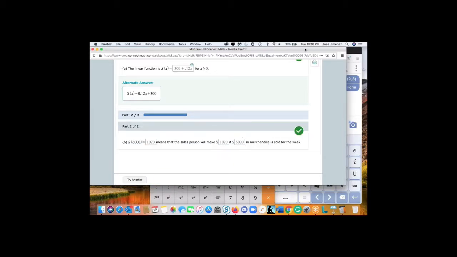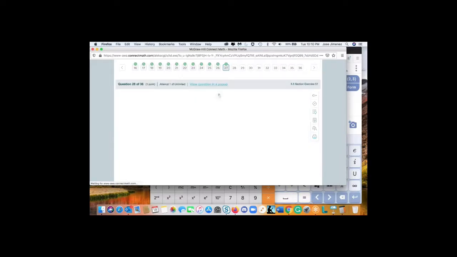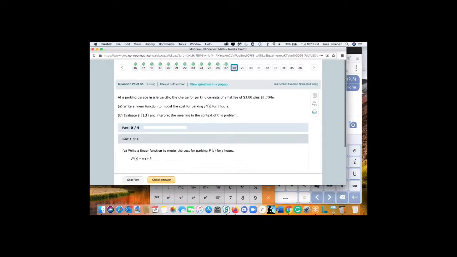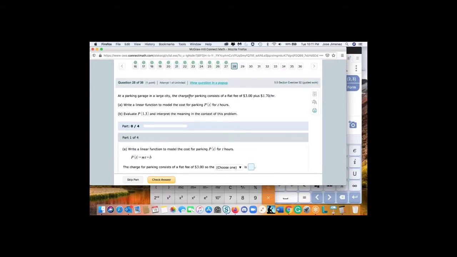And this is the one, 20A. They are similar, right? The charge for parking, you read the problem, they say 3 is a flat fee, but then you increase plus 0.70 per hour. This is the one they're changing, because every hour they charge you 1.70.